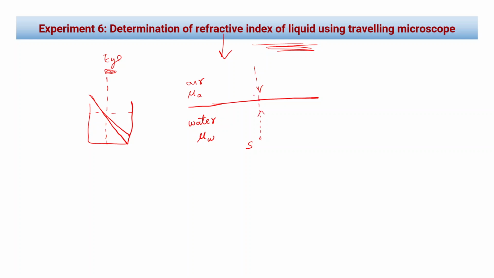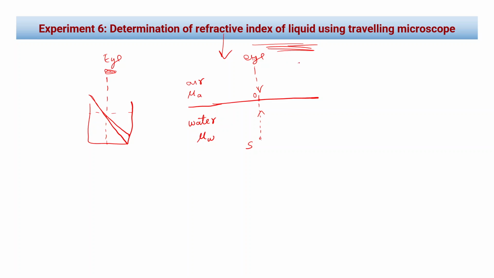Let's call this normal point O. Now if we are seeing from here, we'll see it at the correct position because the light ray is coming back along the same path.